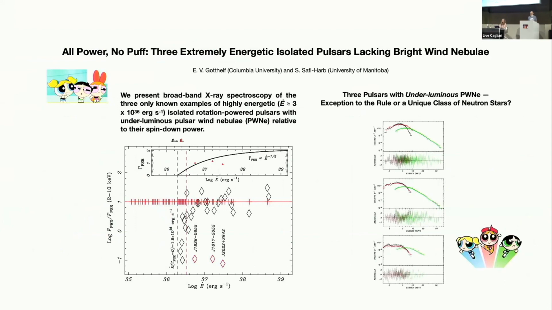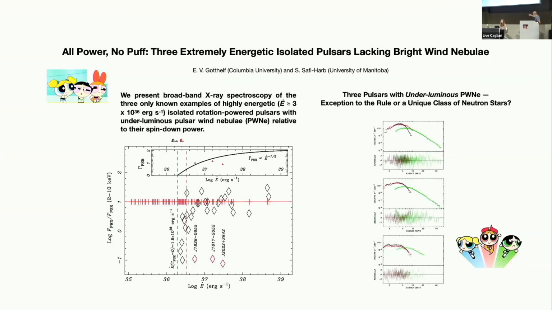So I think we all know that energetic pulsars produce a pulsar wind nebula, but after investigating for a few decades, I made this little plot that shows the energetics versus how strong the pulsar wind nebula is, looking at the ratio of the flux from the pulsar wind nebula to the pulsar itself.